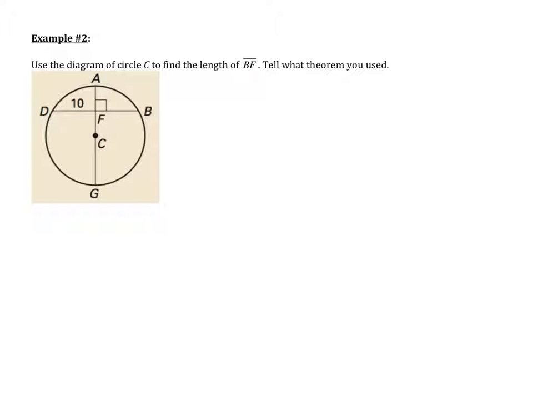According to theorem 10.5, if I have a diameter that is perpendicular to another chord, then it is not only bisecting the chord, but also bisecting the arc. So if it's 10 over here, it's going to be 10 over here, and that's the length that we're supposed to find. So the length of BF would be 10. And we used theorem 10.5.